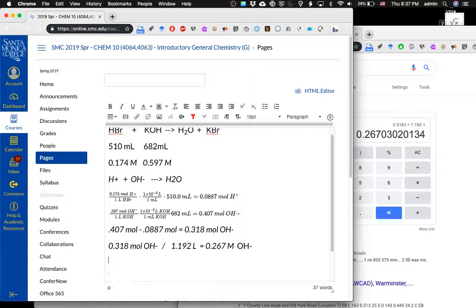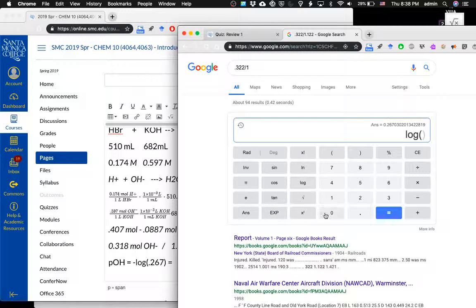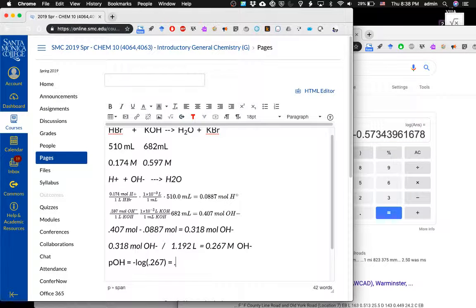So now to find the pH, I can just take the negative log of this, right? Wrong. Yeah, I know that you knew. I know you knew. It's all right. So that's the pOH. The pOH equals the negative log of 0.267, and that's going to be 0.573.